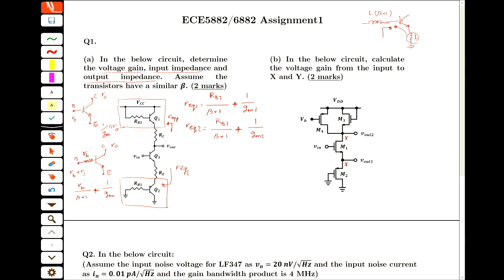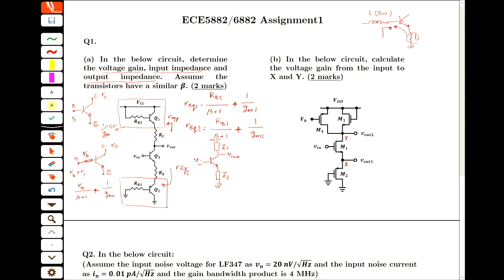Okay, so we can just write it down like this. We have an impedance, another impedance. I call this ZE, I call this ZC, and here to VCC, and this is your V in, and this is your V out. You had this in your lecture.